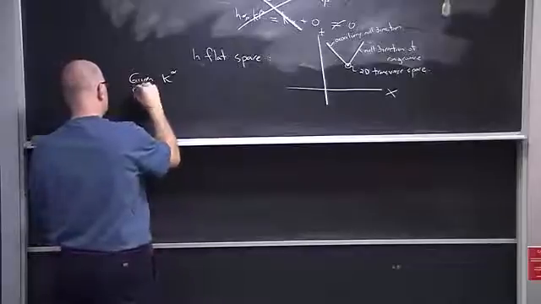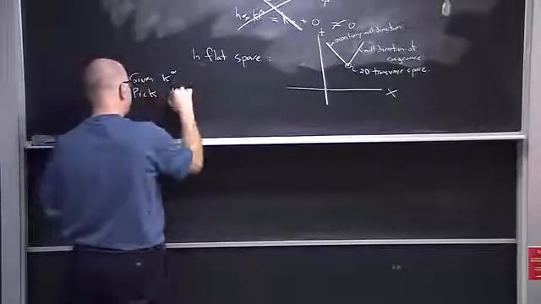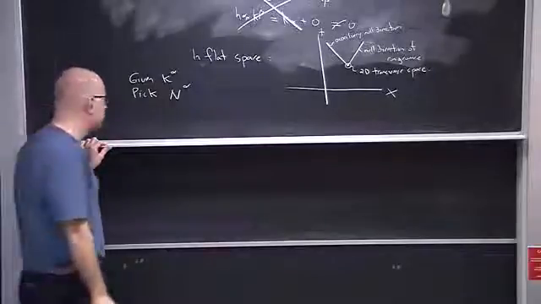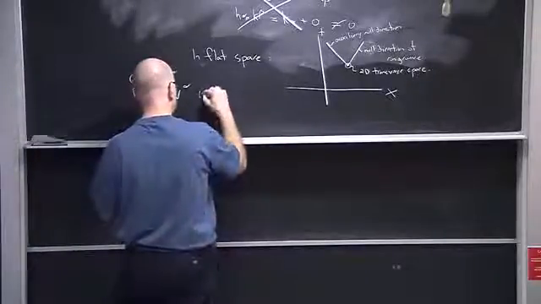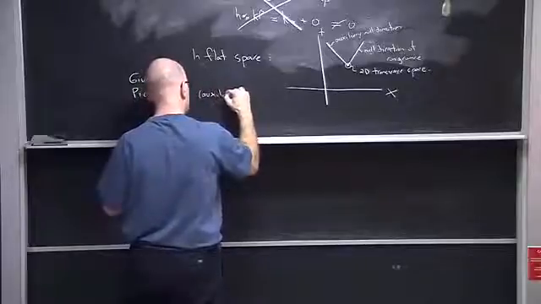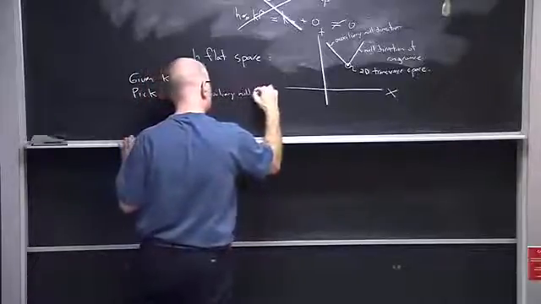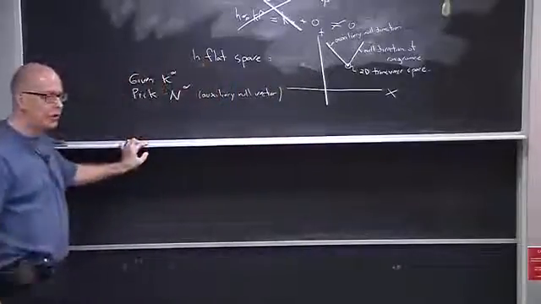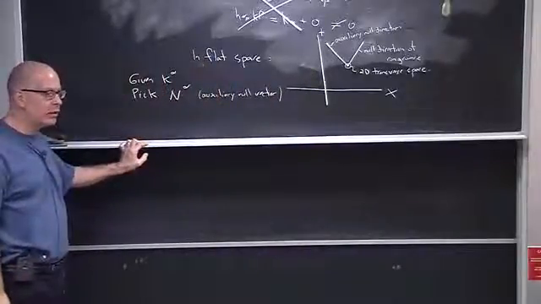We're going to pick a new null vector n alpha that's going to be our auxiliary null direction. Of course, I have to pick a different null direction. If I were to pick the same again, that wouldn't achieve anything.